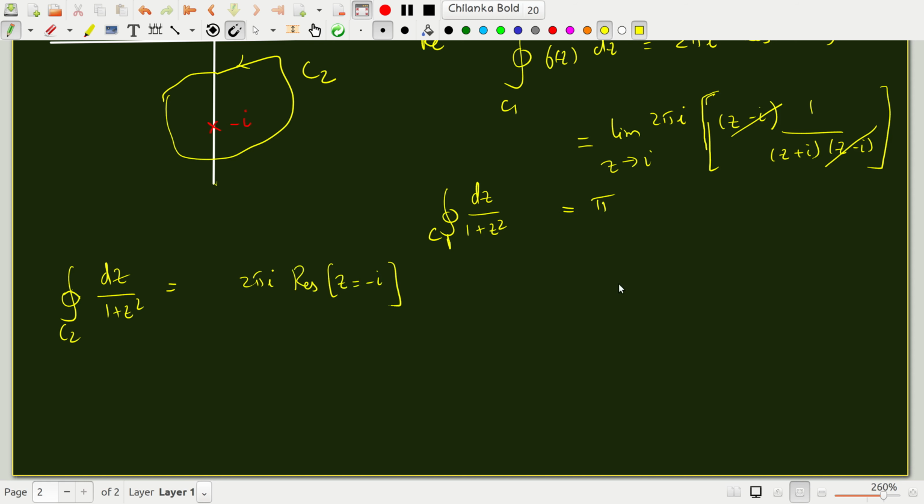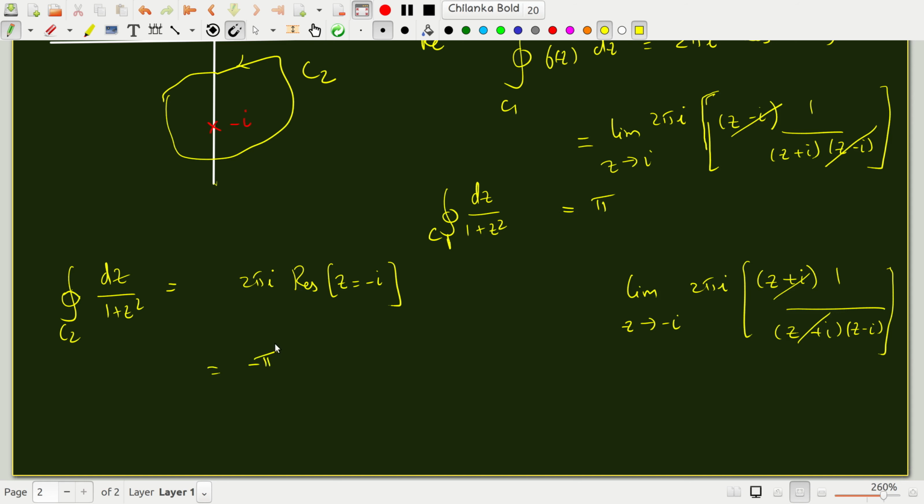Again, it's the same function, so the residue can be calculated as 2 pi i times z minus minus i, which is z plus i, times 1 over z plus i times z minus i. These two things will cancel. Now as z goes to minus i, I'll pick up a value of minus 2i. That minus 2i will cancel with plus 2i to give you a value of minus pi.